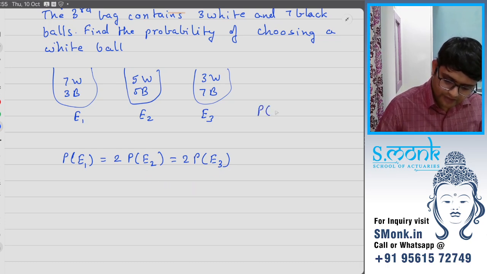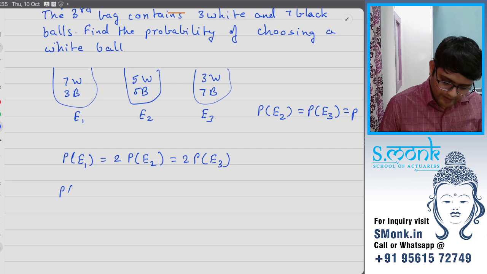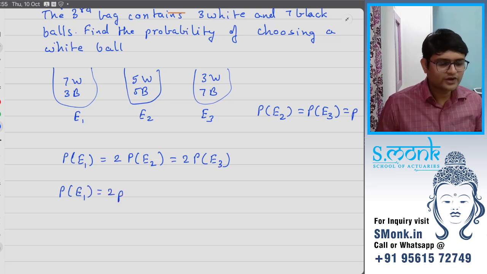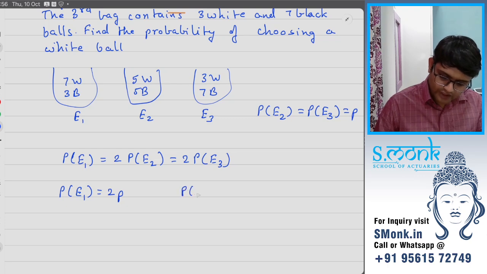So I can say probability E2 is equal to probability E3. That would be equal to, let's say, P. I've named it P. So my probability of E1 would be clearly 2P. And total probability has to be equal to 1 because there are only 3 bags. There are no other bags. So probability of E1 plus probability of E2 plus probability of E3 will be equal to 1.